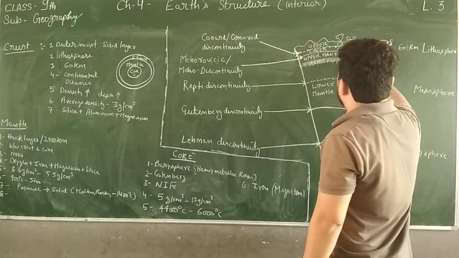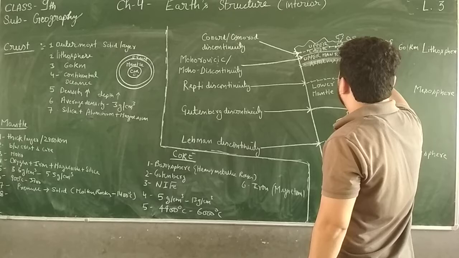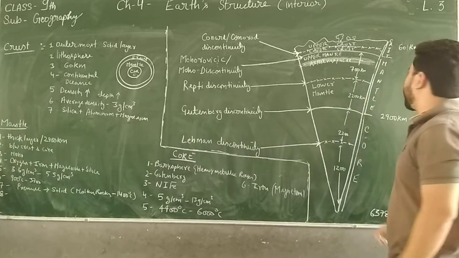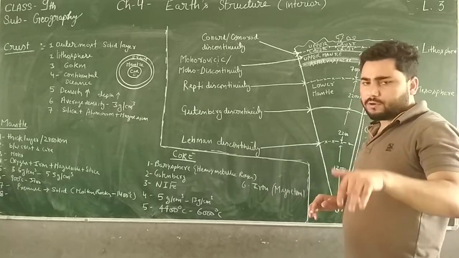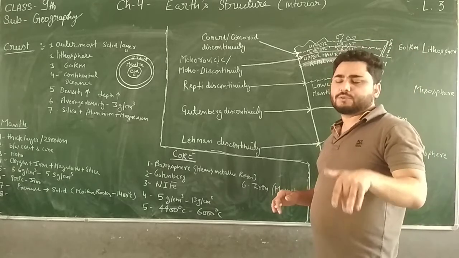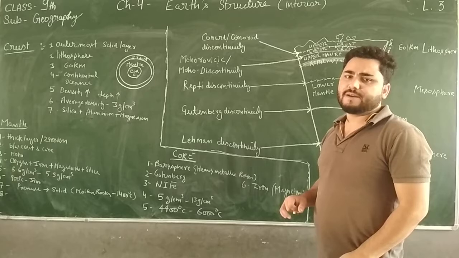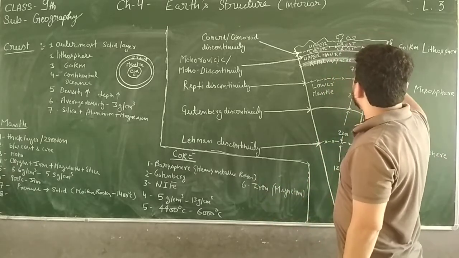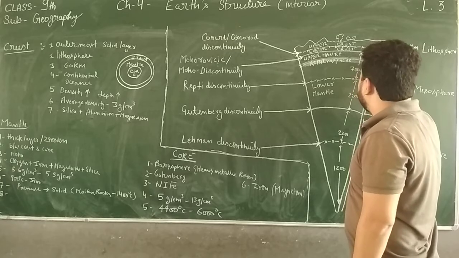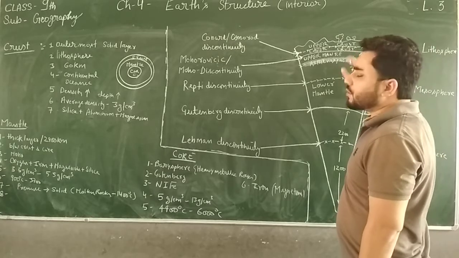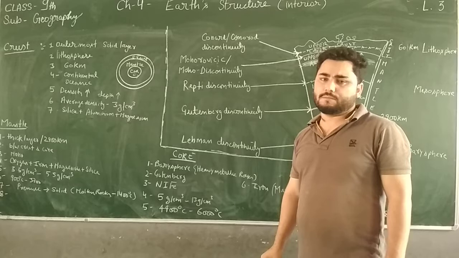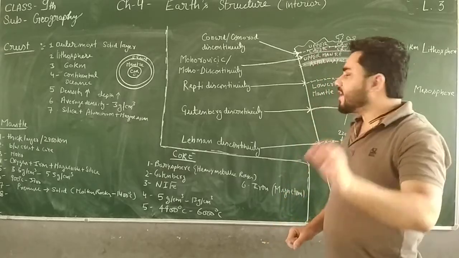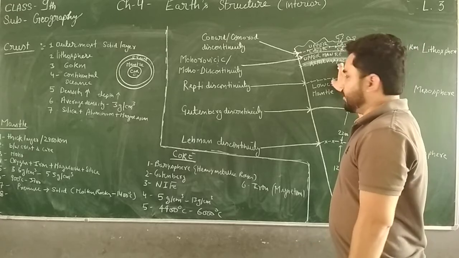Then just below upper mantle, after 100 kilometer to 400 kilometer, when you go from the top of the earth to 100 kilometer downside or up to 400 kilometer downside, you will find an area where the rocks are in molten form but still behave like solid, and that area is called asthenosphere, right?